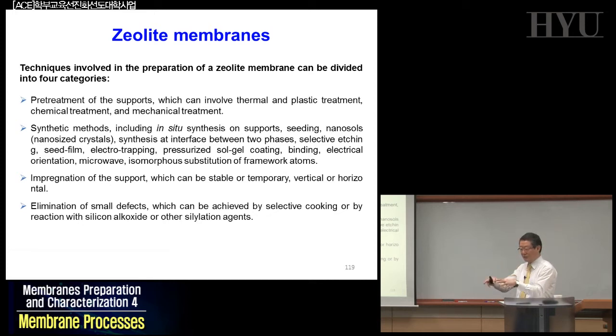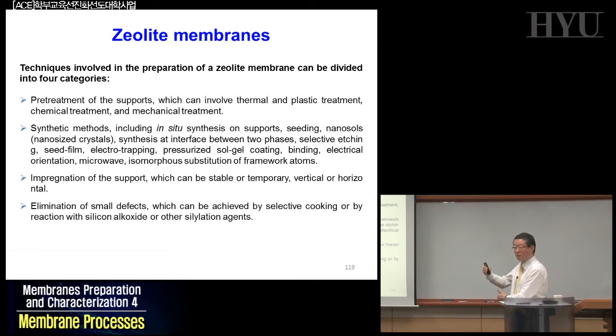You can seed your zeolites just like a nuclei and growth mechanism, and then grow the crystals at the interface of the two phases, and etching, seeding, electrotrapping, pressurized sol-gel, binding, electrical, and so on. You have many steps to make these zeolite membranes, and it's very tedious, very difficult to make the final product.